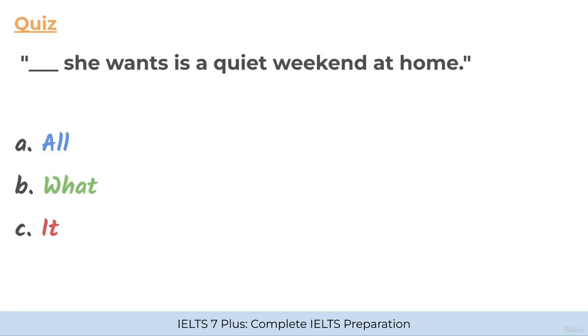What she wants is a quiet weekend at home. That also would work. It she wants is a quiet weekend at home. Ooh, not so much that one. So see what you think. I think B is quite nice here, but also all works as well, so you can be flexible with these cleft sentences.